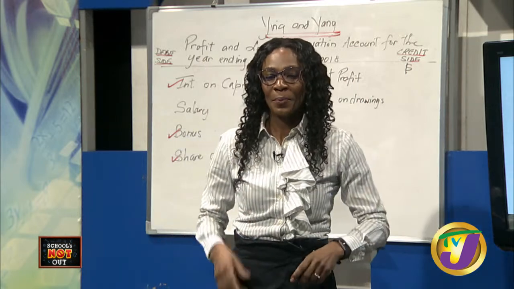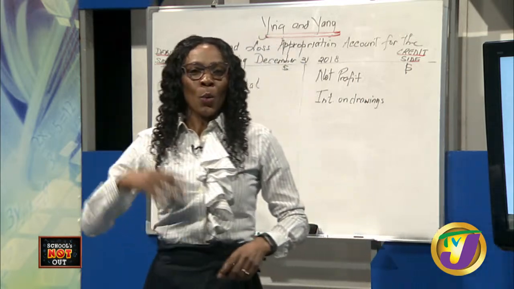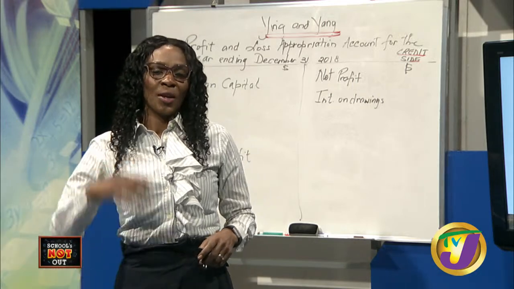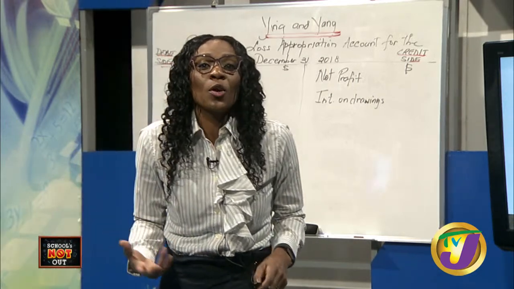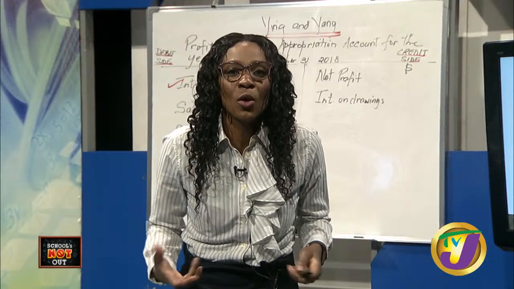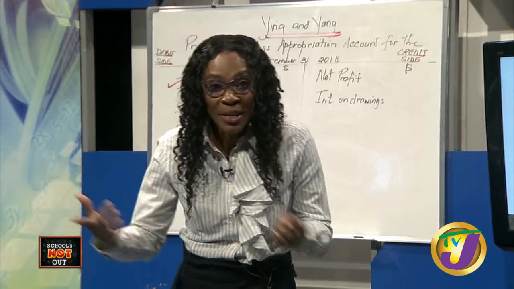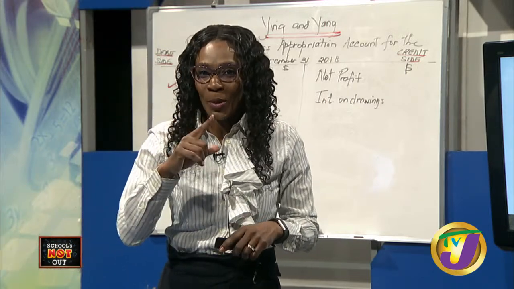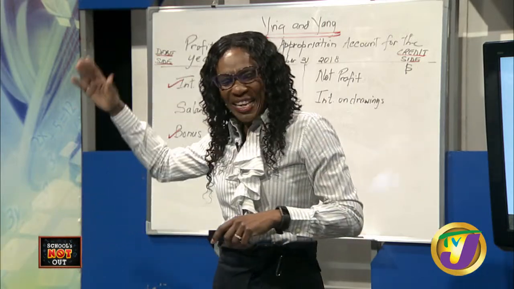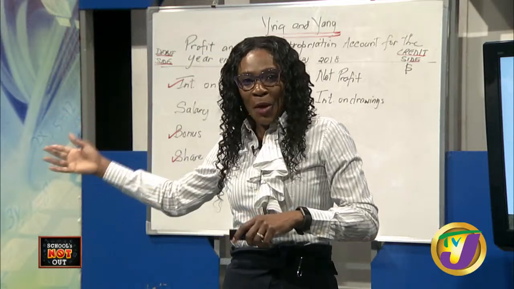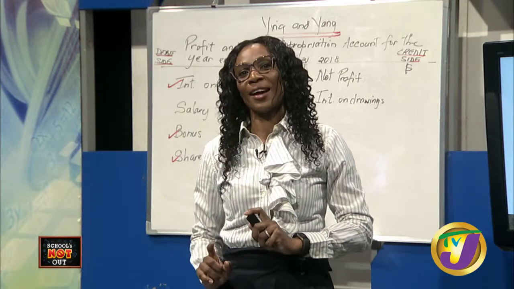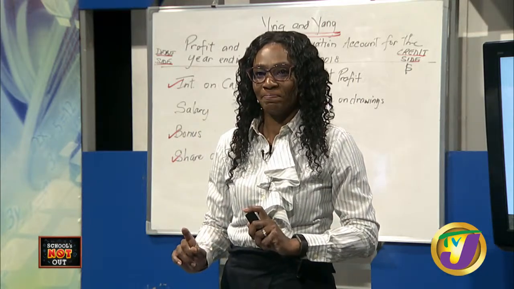Again, let's go. We're going to fill in his credit side first. Where will we look in the appropriation account? On which side of the appropriation account will we look for items that we need for the credit side? Yes, the opposite side. So we're going to look on the debit side for items that we need to put on the credit side of Yang's current account.